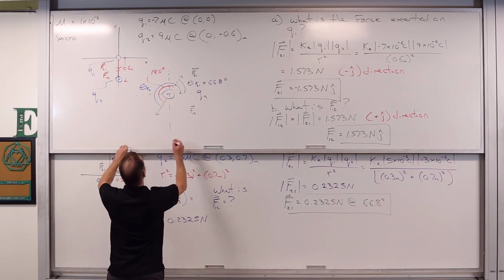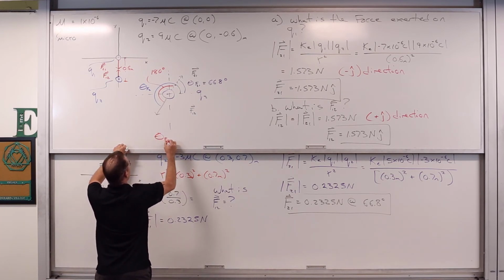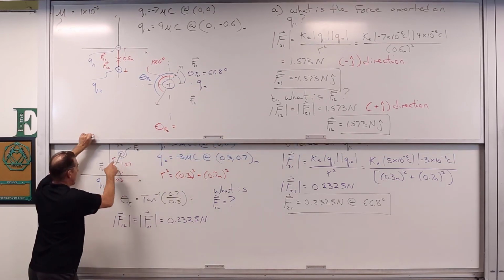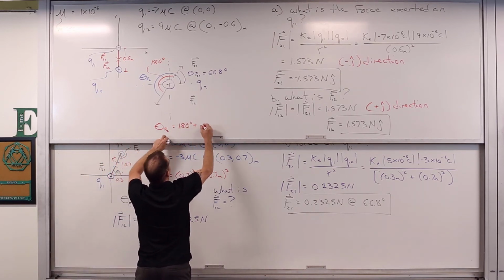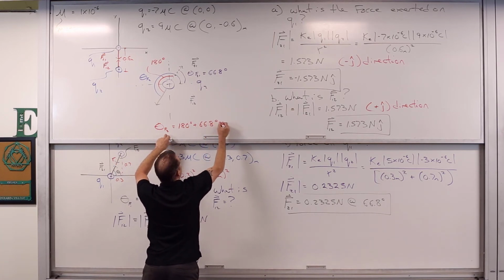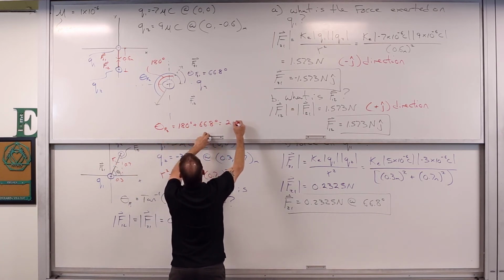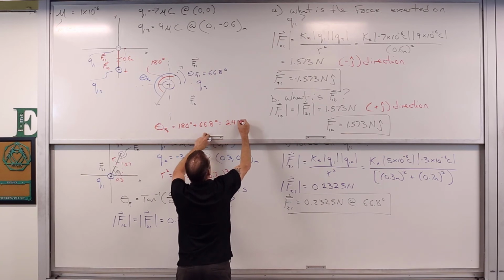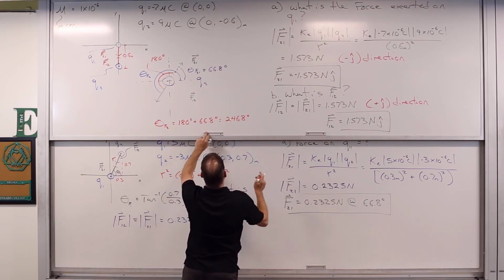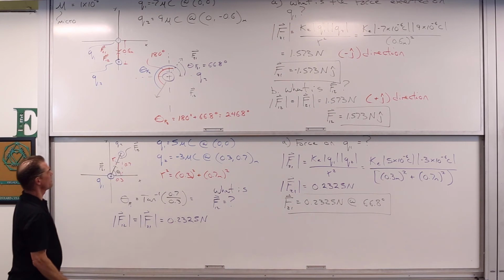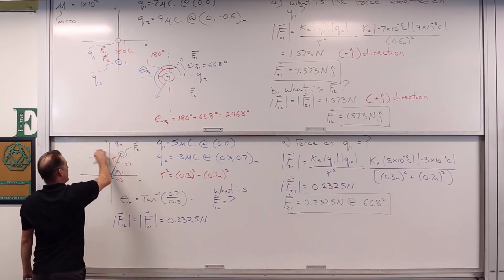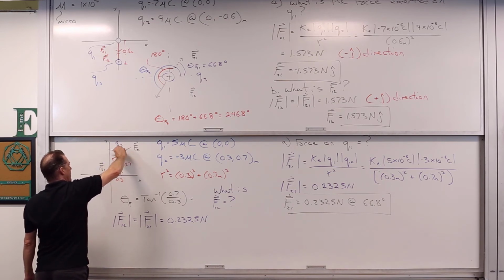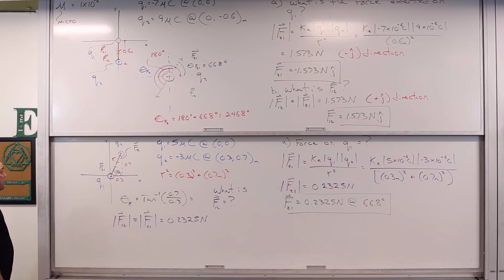So when we say, what is theta F2, the direction of this? Well, it is going to be 180 degrees plus 66.8 degrees, which is equal to 246.8 degrees. You can always look at that and say, does that make sense? Well, that would be 0 degrees, that would be 90, that would be 180. Straight down would be 270. We're in between 180 and 270. Yeah, 246.8 definitely seems reasonable.